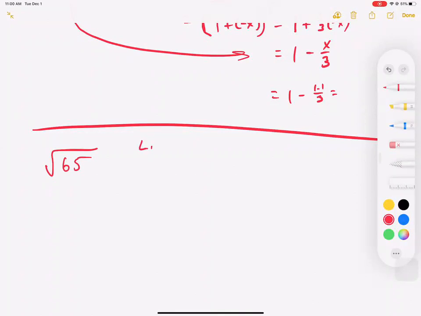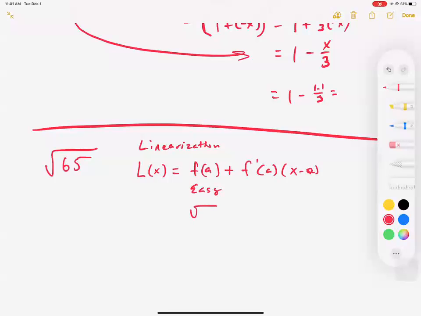So if we're doing linearization, the idea is we're taking f of a plus the derivative at a, with a little bit of change. That's our formula. This is my easy point. And what's easier than square root of 64, right?